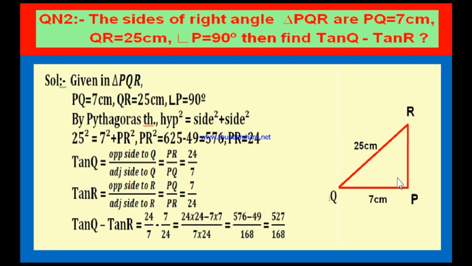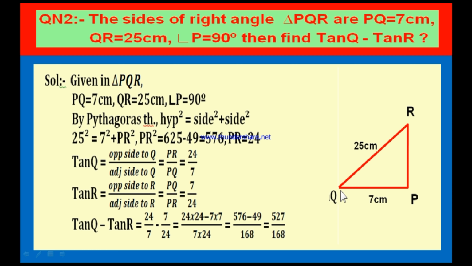Now we got all the three sides of this right triangle. Now you can find any trigonometrical ratio. First of all, let us find the tan Q value and let us find the tan R value. Then we will subtract tan R from tan Q. The formula to find tan Q is the opposite side to Q by the adjacent side to Q. For this Q, what is the opposite side?